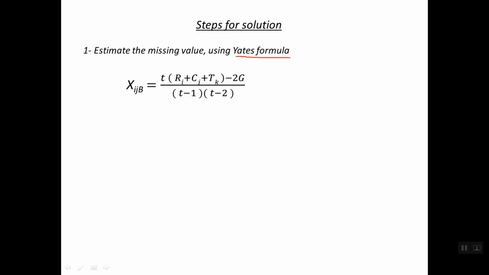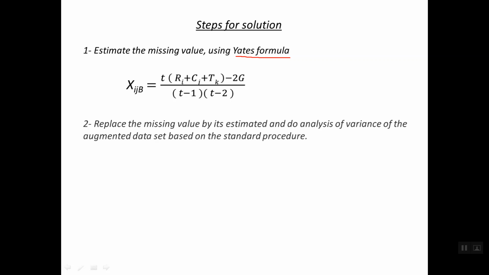I'll talk about the details in this formula. The second step is to replace the missing value by the estimated one. Then we will do the analysis of variance for the data based on the standard procedure.